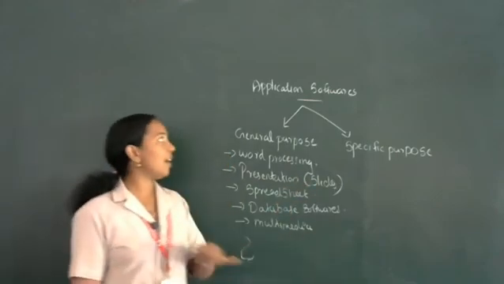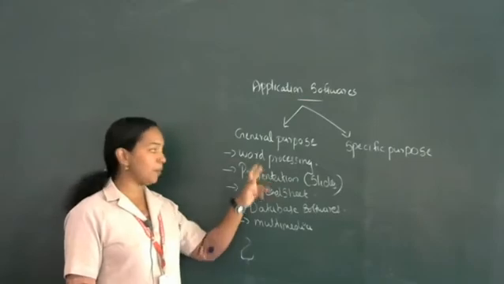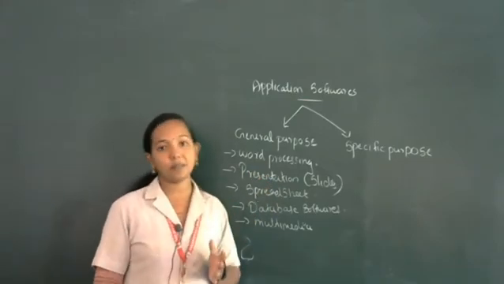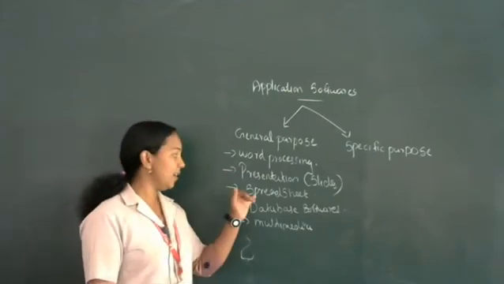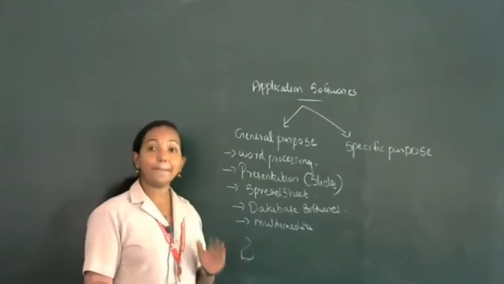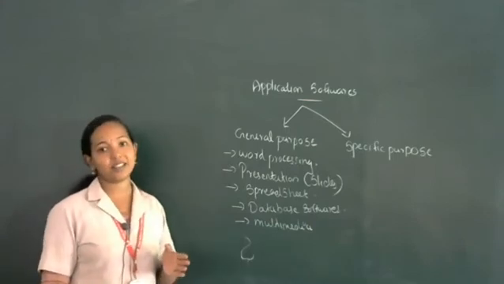Clear? So these are the different general purpose software. First one was word processor for editing text. Presentation for creating presentations with the help of animation and also transition effects. Then spreadsheet, like Excel, which is mainly used for mathematics. Database for storing data in an organized manner.